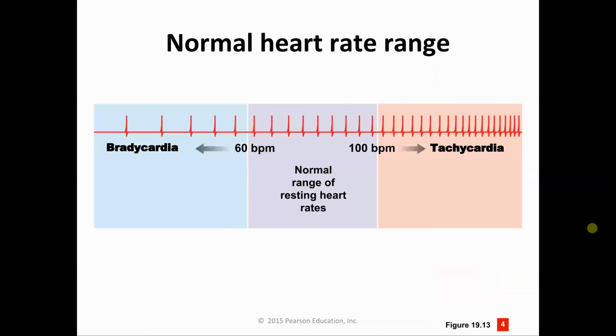Then our normal range of resting heart rate is about 60 to 100. This is obviously going to differ by different people. Some people's resting is 100 and some people's resting is 60. But anything out of this normal range below that is bradycardia, and anything above that is tachycardia.